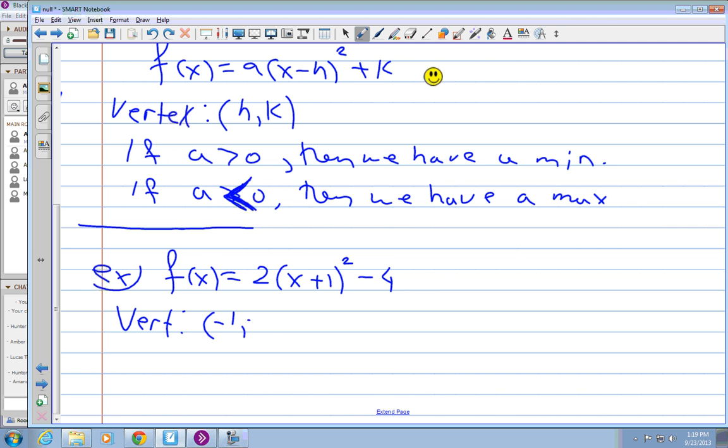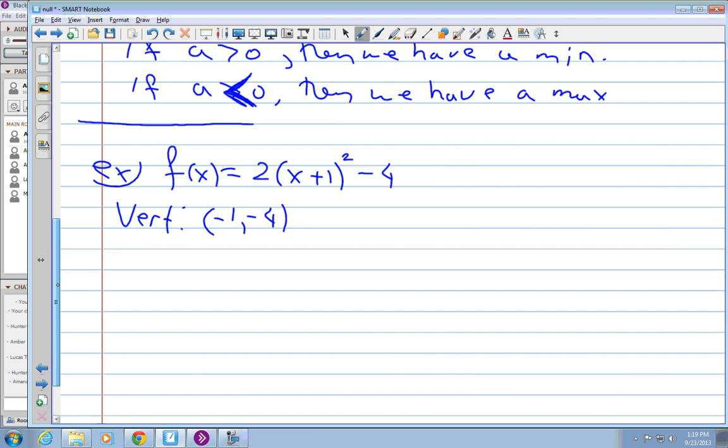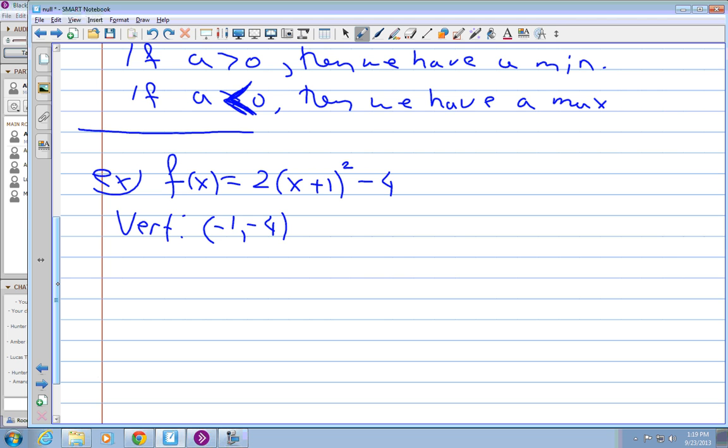The vertex is at -1 and -4. It goes 1 to the left, 4 down. Agree with that? Is that vertex going to give us a maximum or the minimum value? Minimum, because the coefficient in front of the square is positive. So it's a normal parabola, opens up, so we'll have a minimum. So it has a minimum value.